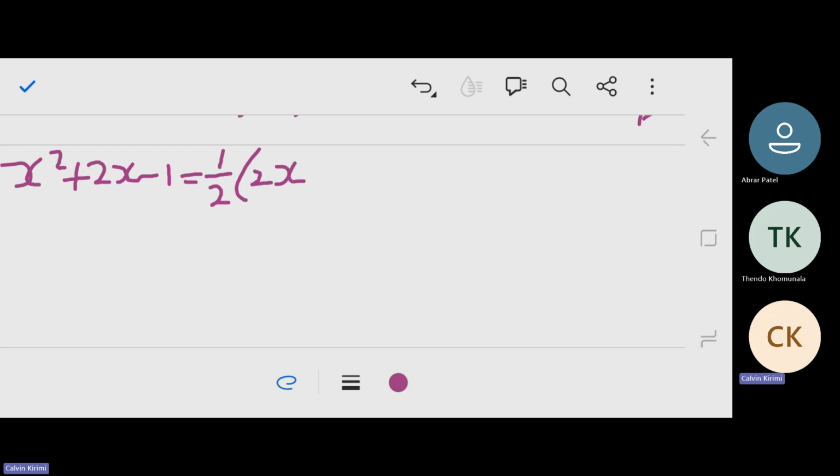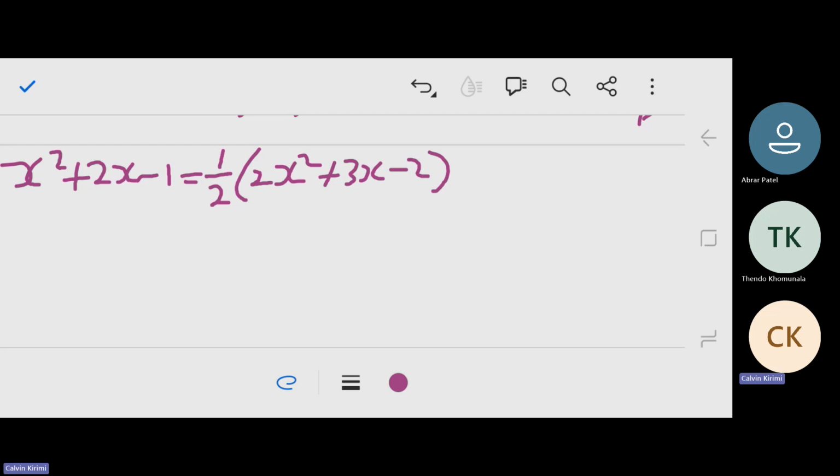2x squared, if you have expanded, 2x squared plus 3x minus 2. Plus 3x minus 2. This is the first term when we replace A with half.